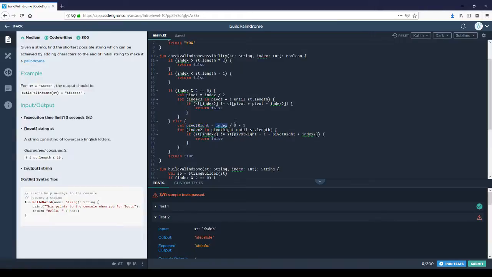Pivot right would be index divided by 2 if it's equal to 0, index mod 2 equals 0. Is it related to index mod 2? I don't think so. Index mod 2.